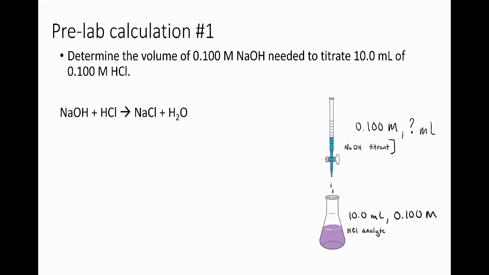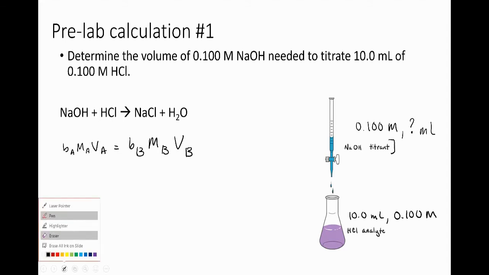Okay, so if we write out our formula, we have BAMAVA equal to BBMB VB. Lots of B's there. All right, so we'll plug in what we know. Our molarity of acid, normally that's what we'll be solving for, but in this case they tell us it's 0.100 molar.